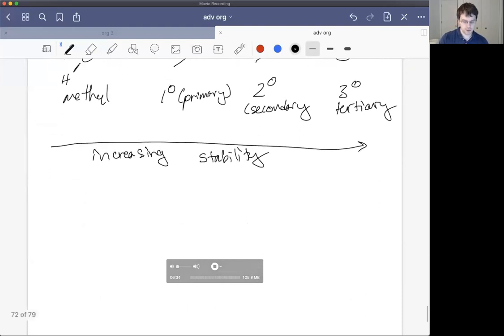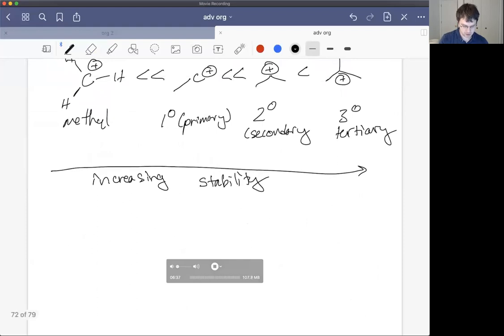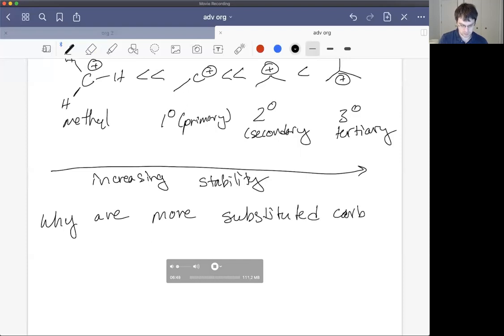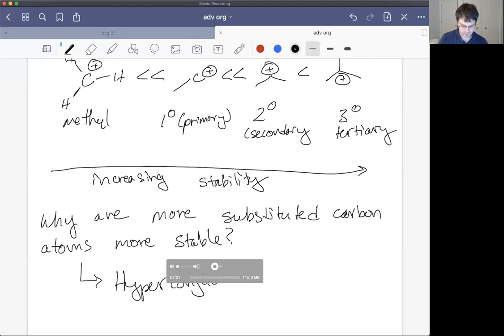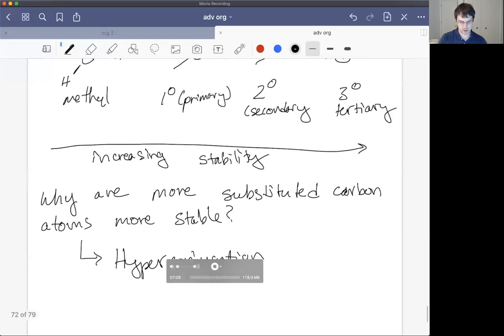So we could ask why. Why are more substituted carbons more stable? And that has to do with an effect called hyperconjugation. So again, that term is hyperconjugation. So what's this?